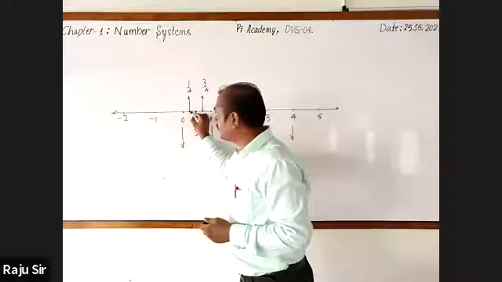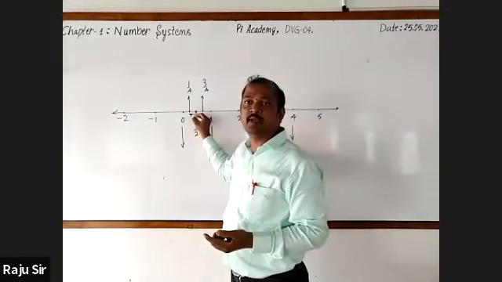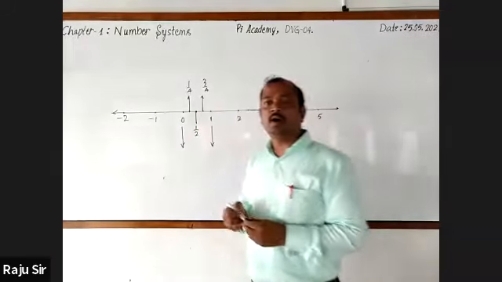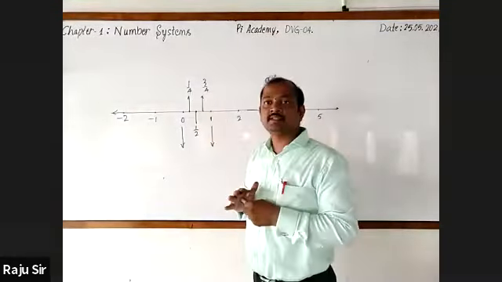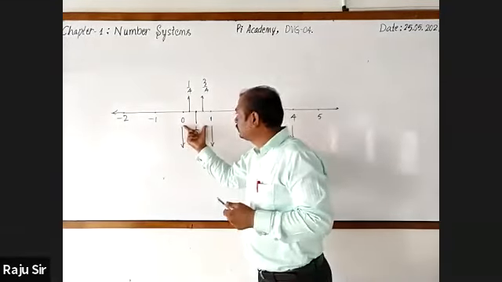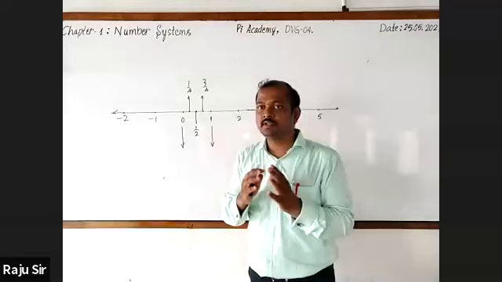And again, between 0 and 1 by 4, one number can be written. Between 0 and 1 by 2, one number can be written. So from these examples, we can say that between two rational numbers, there will be an uncountable number of rationals. Dear students, did you understand? Yes, sir.